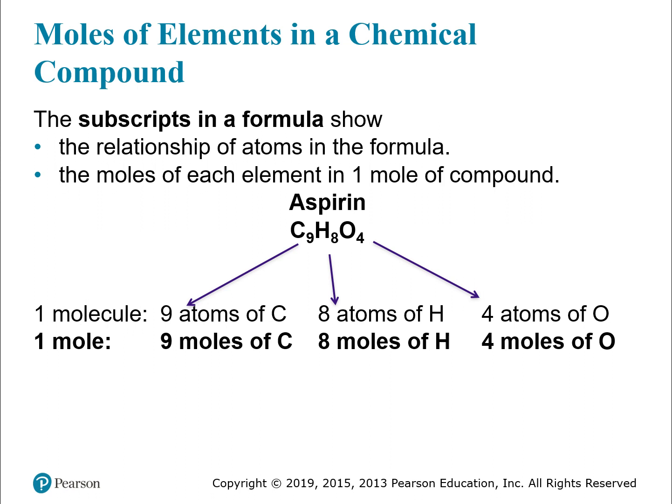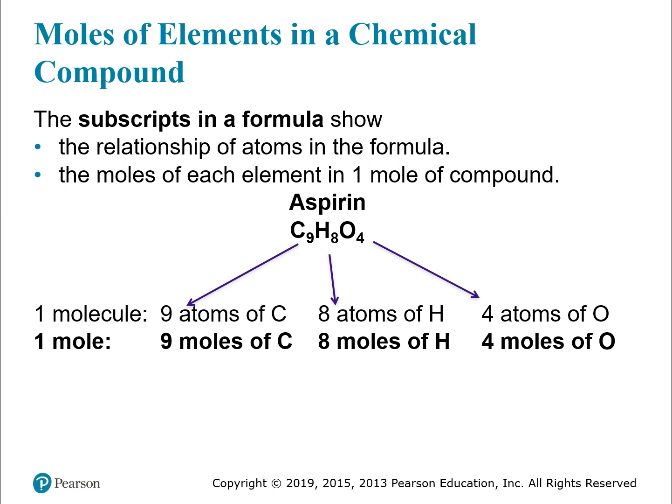The subscripts in the formula show the relationship of both the number of atoms in the formula and the number of moles in each element in one compound. So that's what we just showed on the other slide. This is another way to show that.